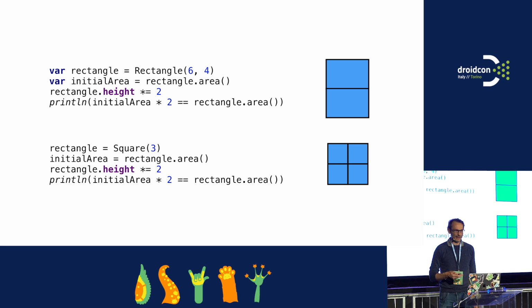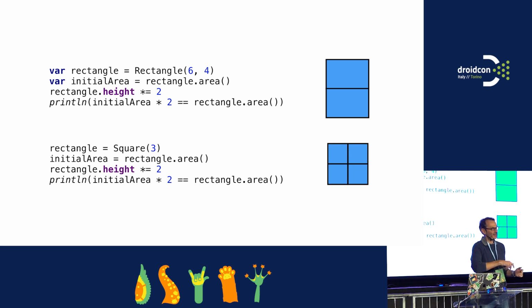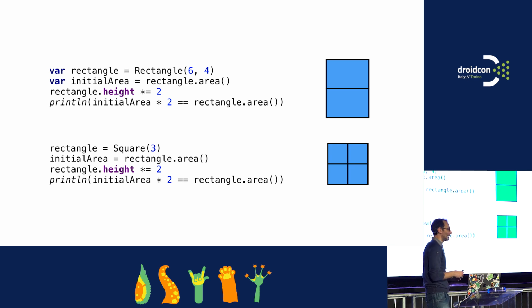So the final area is the initial area multiplied by 4. So we can't use a square instead of a rectangle, even if a square is a rectangle. So this is the Liskov substitution violation. Basically, this principle says that we have to use the inheritance in a good way without creating a mess, basically.